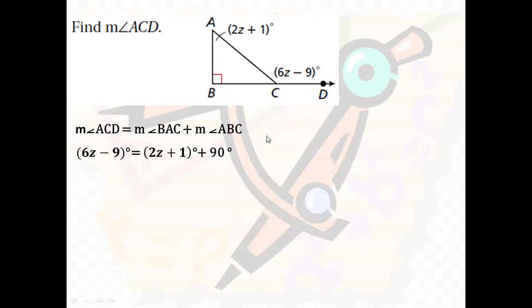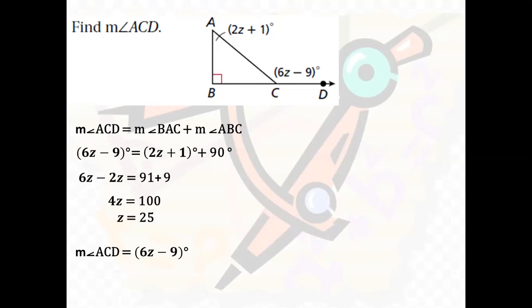So if I substitute the values, angle C is going to be 6z minus 9, angle A is 2z plus 1, and what is angle B? It is 90 because it's already marked. Okay, so we know how to solve an equation now. Once you solve that equation, you will be left with z equals 25. Once you have found the value of z, it's easy. You're almost done with 75% of the question.